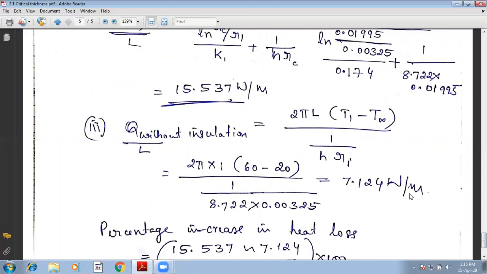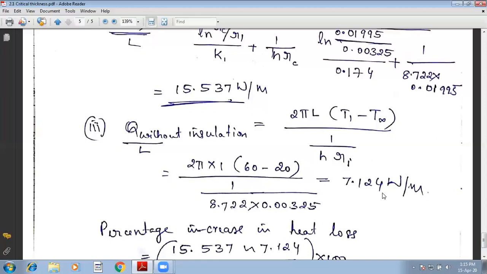Now if you see, it is contradicting. With insulation, the heat transfer is more. Without insulation, the heat transfer is less. Now this gives a better understanding of the concept of critical radius.